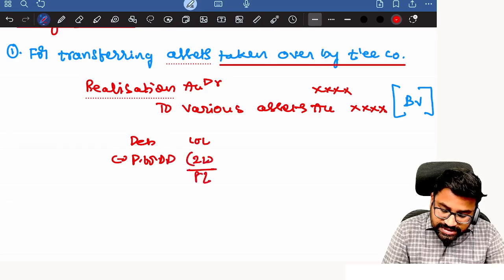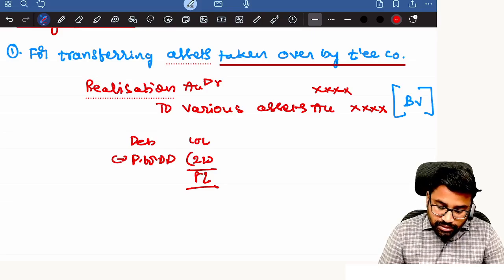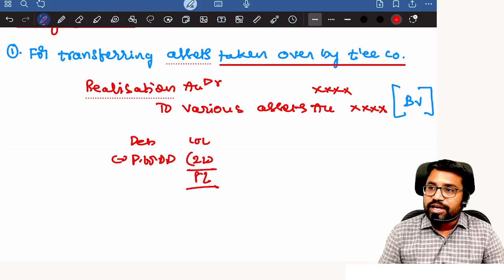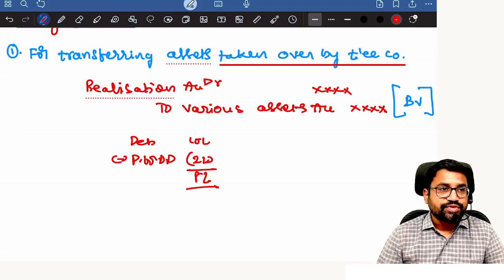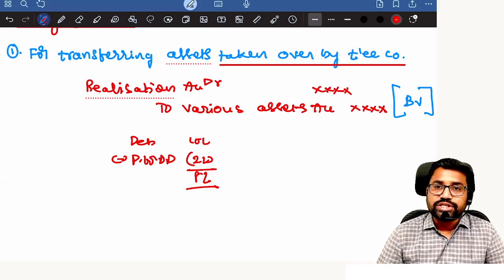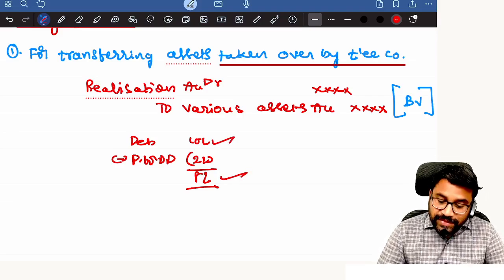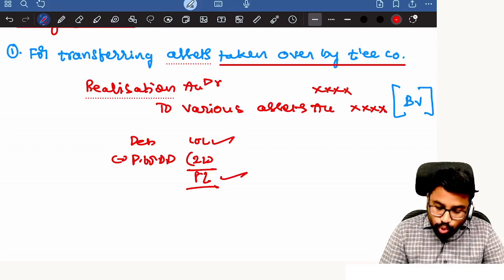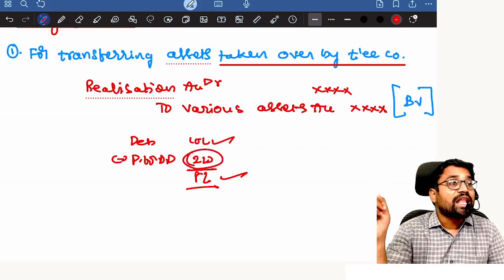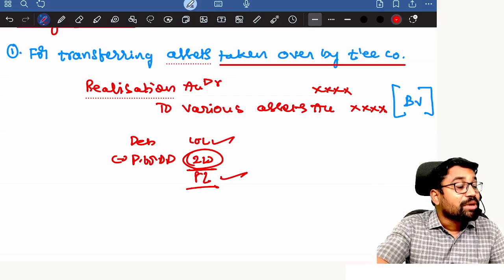So 8 lakhs is the net value, right? So realization account debtor to debtors. Suppose debtors taken by transferee company, we need to close it. At what value you will close? 10 lakhs or 8 lakhs? 10 lakhs gross value. 2 lakhs you need to close along with the liabilities.